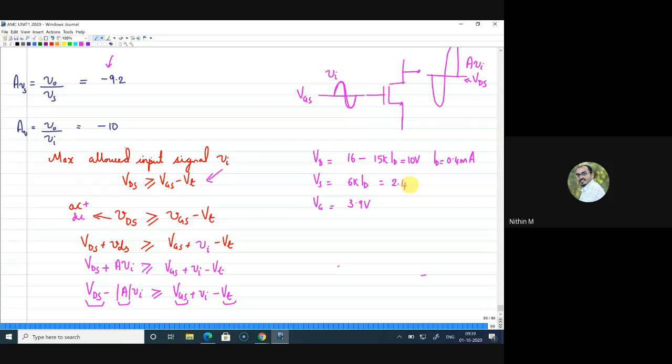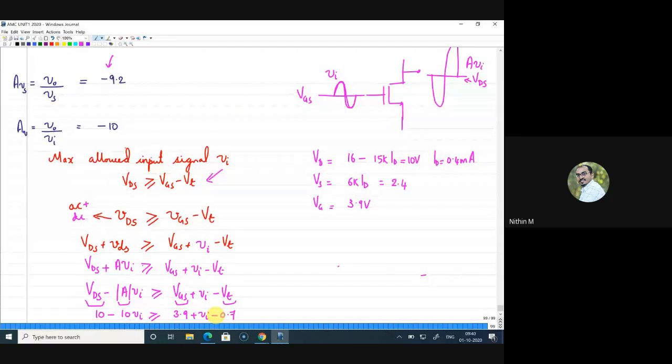All right. So again, you can see that it is VDS and VGS here. VS can be avoided. So you can directly take it as 10 minus 10 Vi should be greater than or equal to 3.9 plus Vi minus VT. What was VT value? VT was given as 0.7. So 3.9 plus Vi minus 0.7.